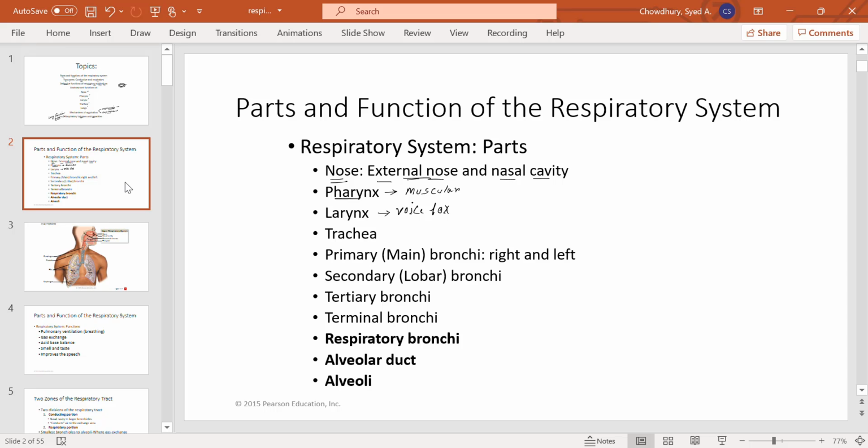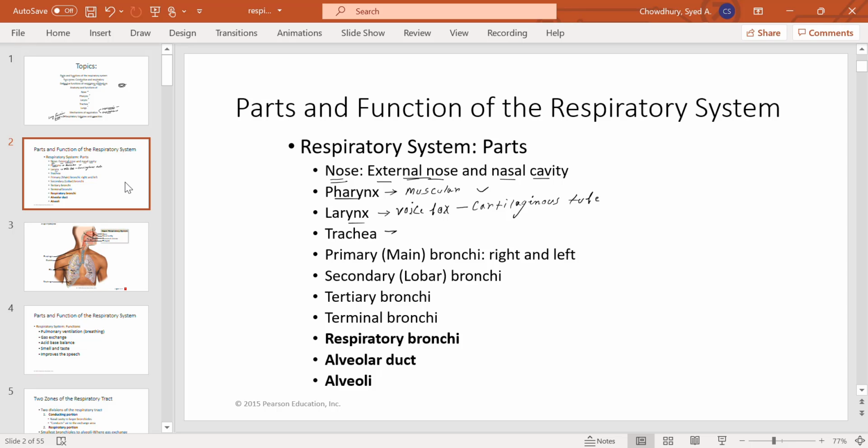Vocal cords or vocal folds are located inside the larynx to produce the sound. Okay, so larynx is mainly a cartilaginous tube. So pharynx is muscular, but larynx is a cartilaginous tube.